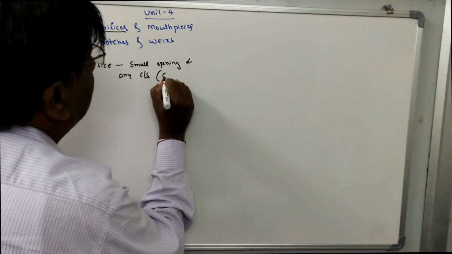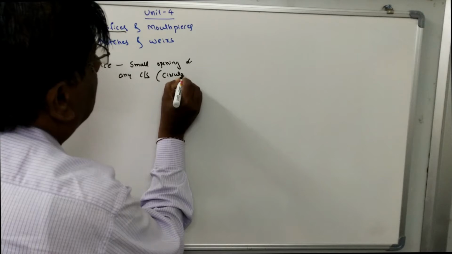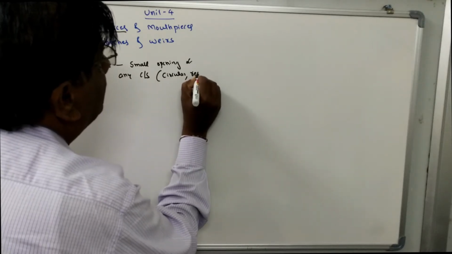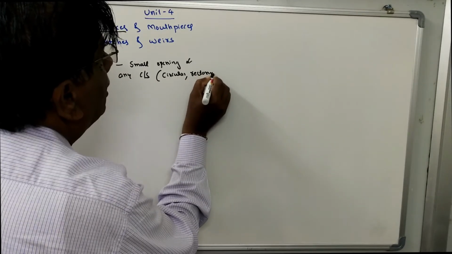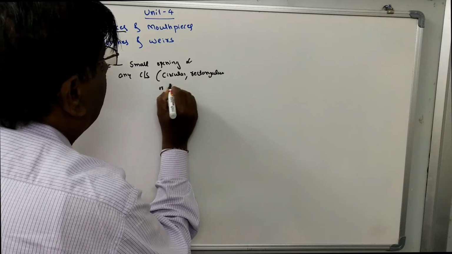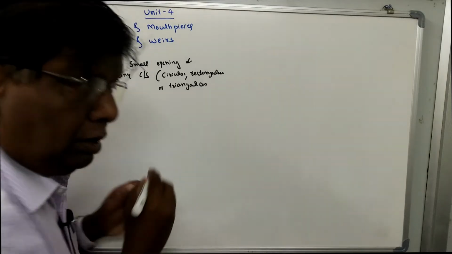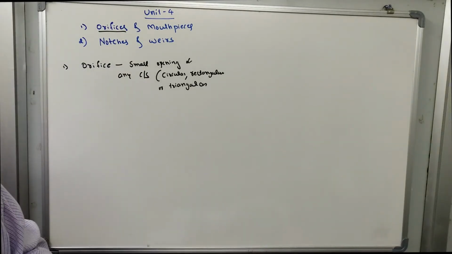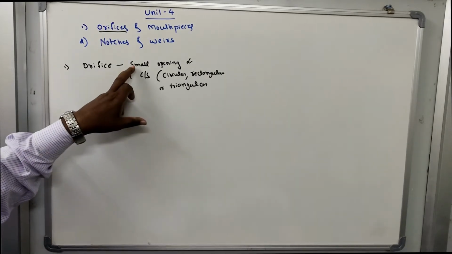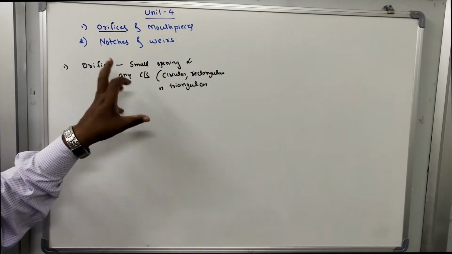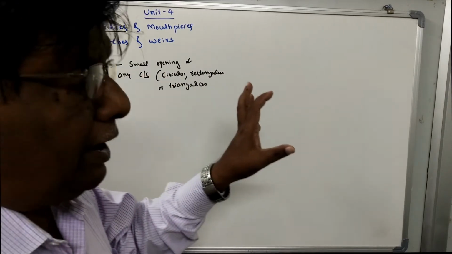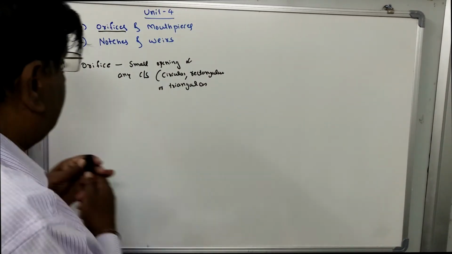The cross section may be circular, rectangular, or triangular, and it is fitted at the side of the tank or at the bottom of the tank.